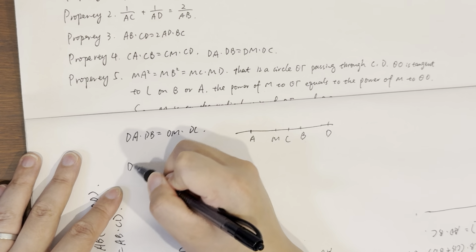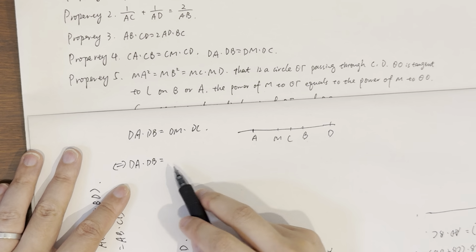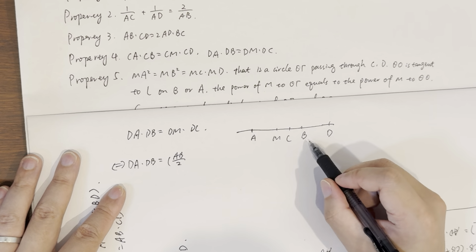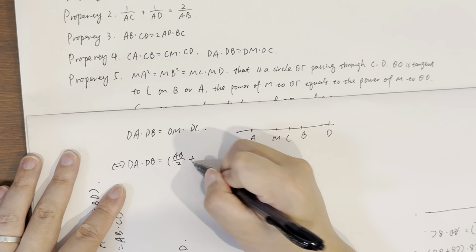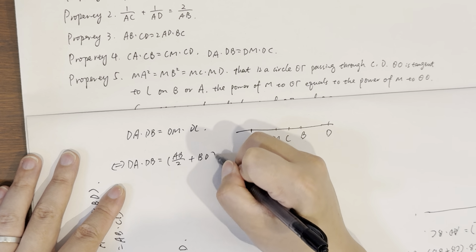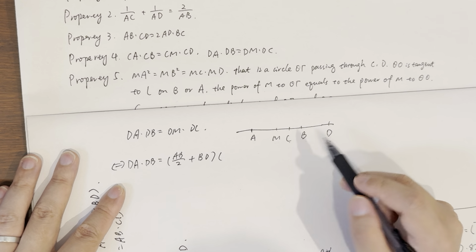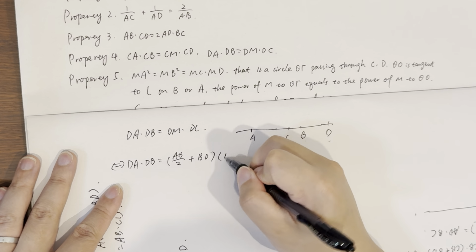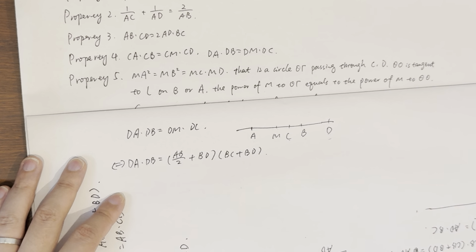So this can be rewritten as DA times DB equals 2 DM times DC. We want to prove that DA times DB equals 2 times (AB divided by 2 plus BD), that's MB plus BD, times DC, right? DC can be written as BC plus BD, similar to what we had before.